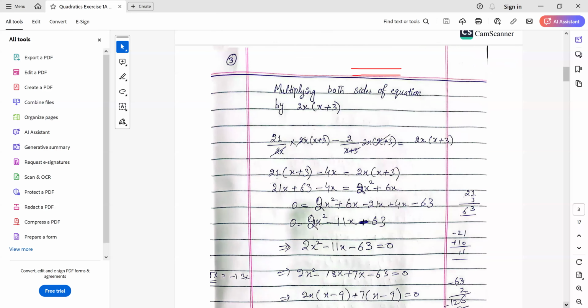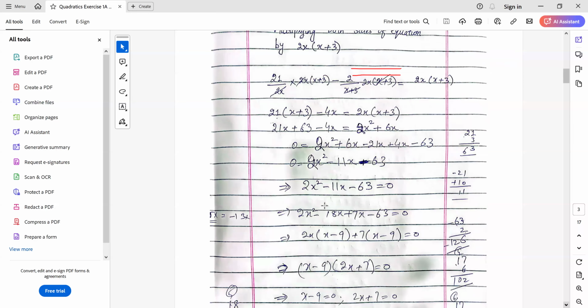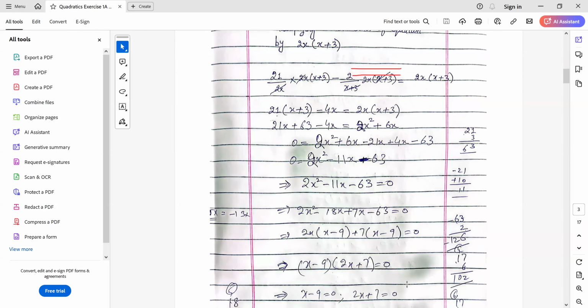So this is our quadratic equation. You can see 2x square minus 11x minus 63.